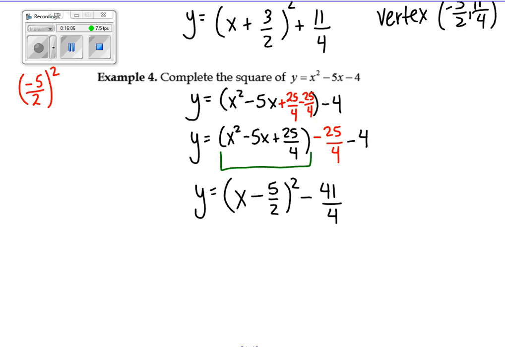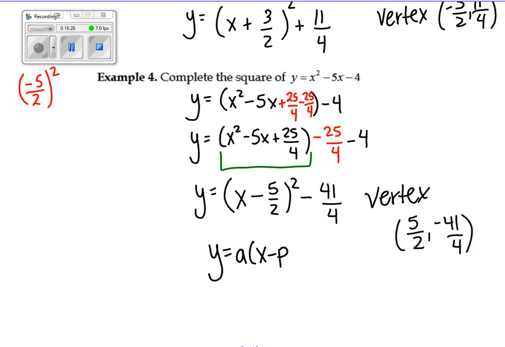Okay, what's my vertex then? Negative or positive 5 over 2? Positive 5 over 2 and negative 41 over 4. Because the equation for vertex form is x minus p squared plus q, so the p would be positive 5 over 2. So positive 5 over 2, negative 41 over 4.